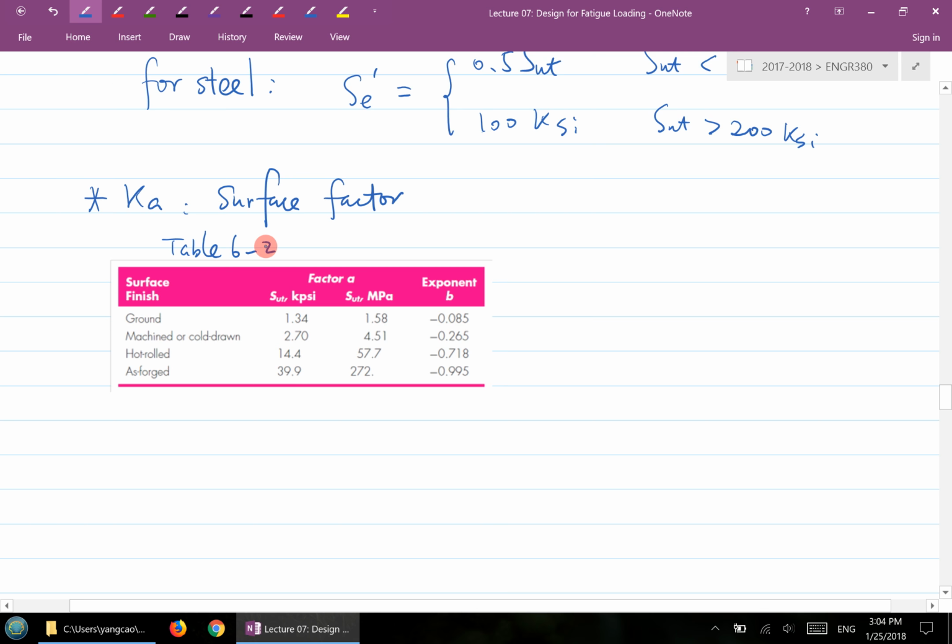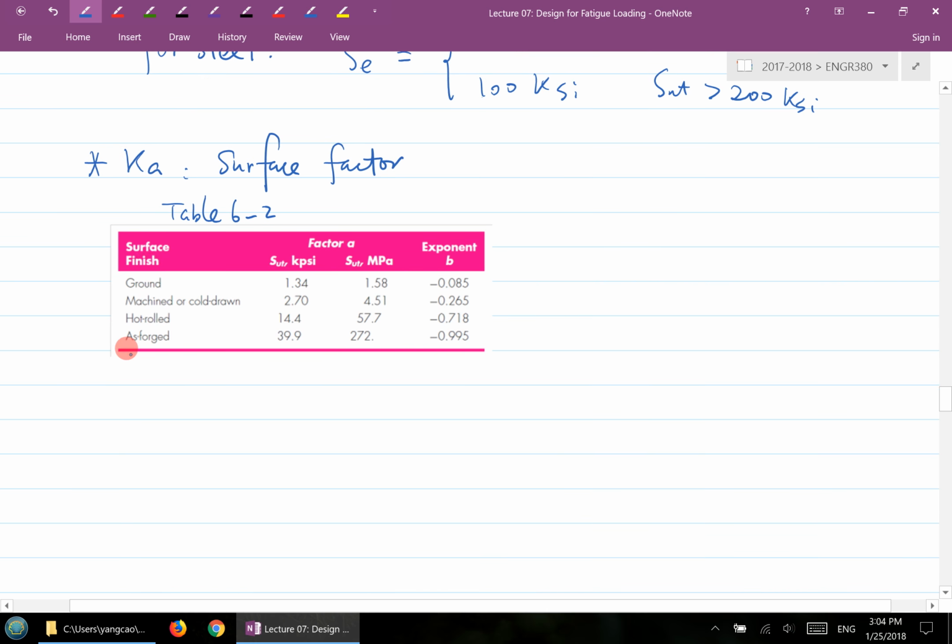This table gives us the guideline of how to find the Ka value. It provides different types of surface finish: ground, machined or cold-drawn, hot-rolled, and as-forged. Depending on the material and the unit you pick, you may be using ksi or MPa, so you need to identify that here.